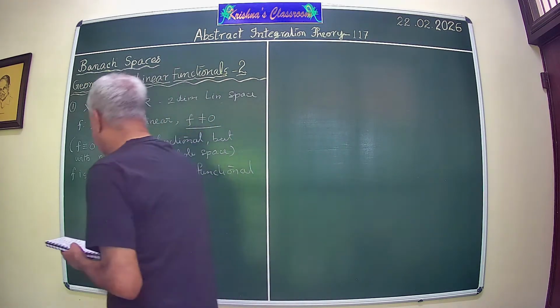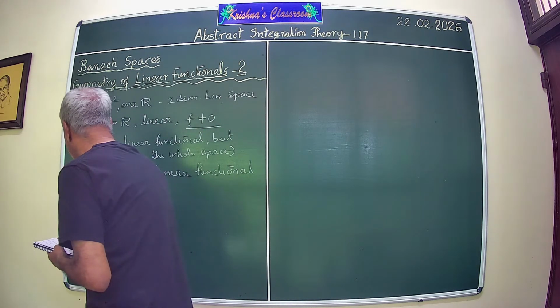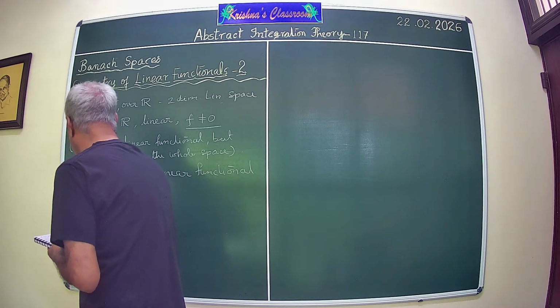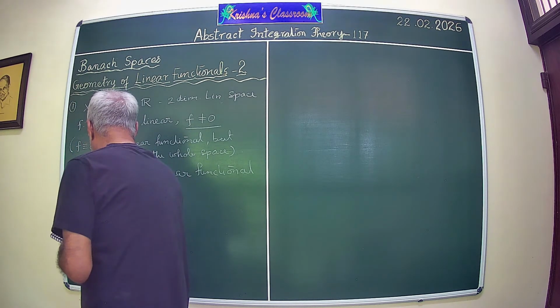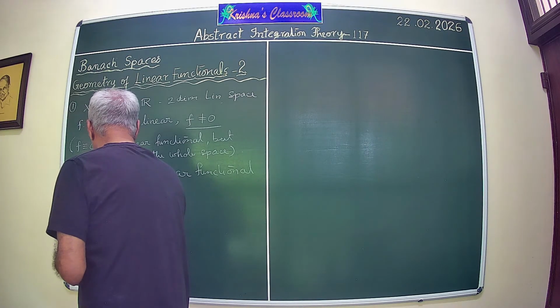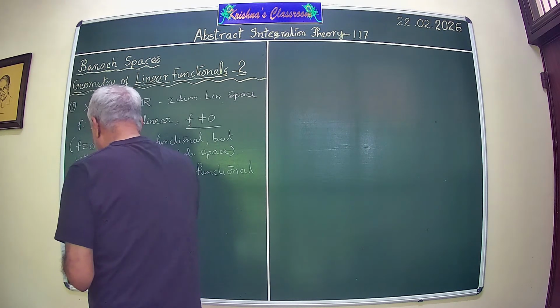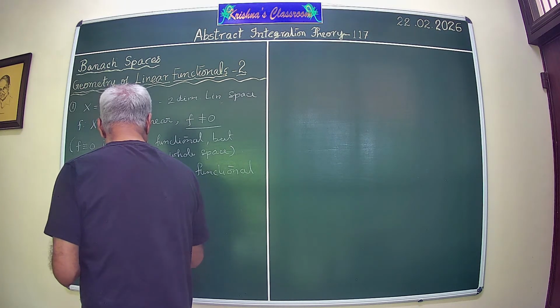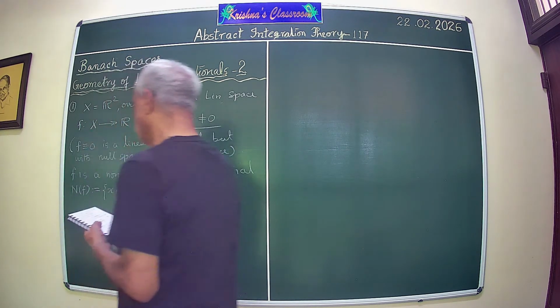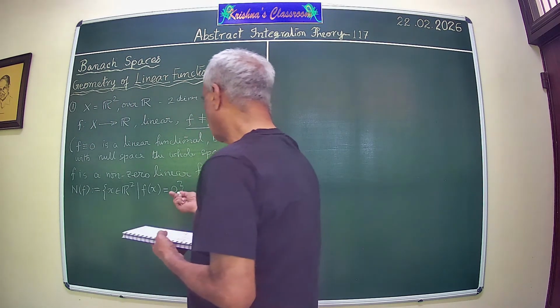Now let us take the null space of this. Let us define N_f to be the set of all x belonging to R2 with f of x equal to 0. This is called the null space.